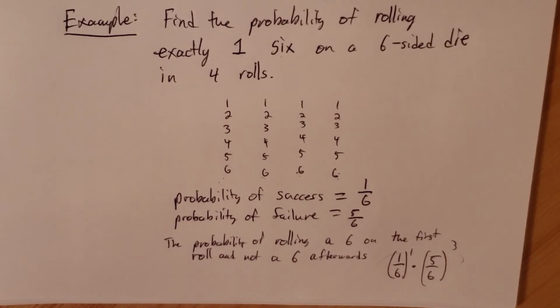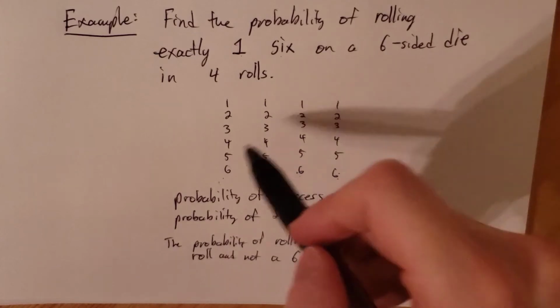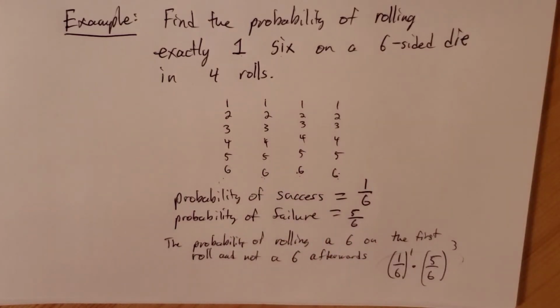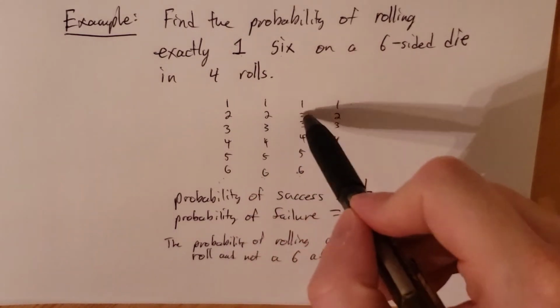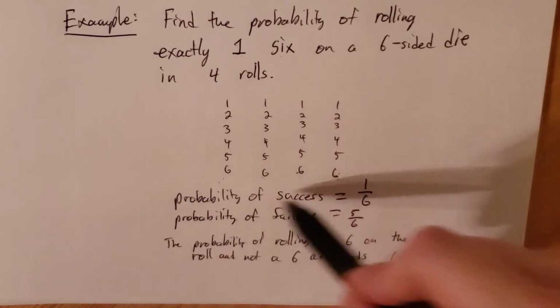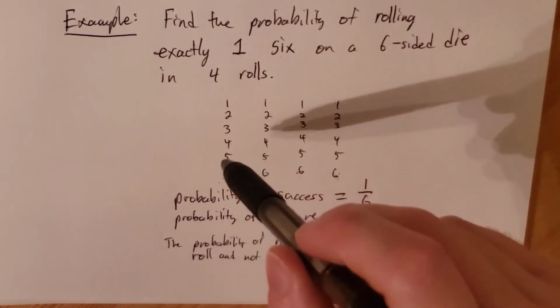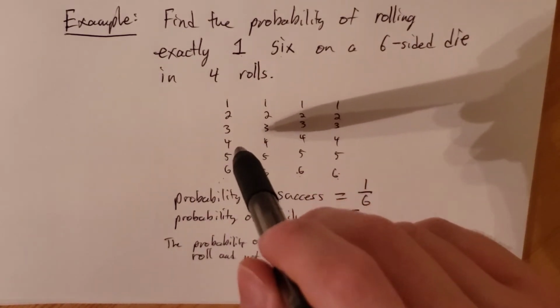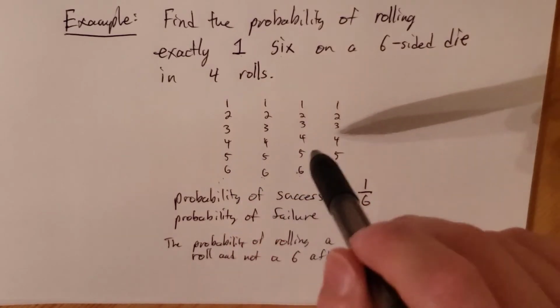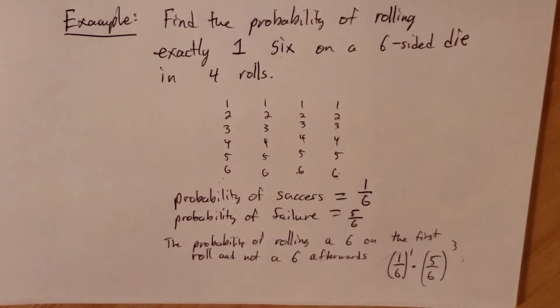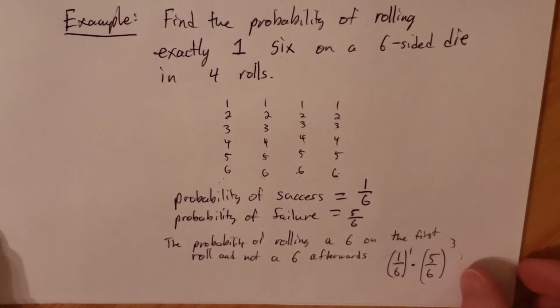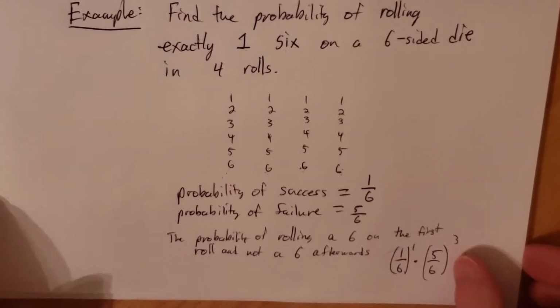Well, if we recall from our counting rules section, this is essentially how many ways can we choose one of those 4? So out of these 4 options, how many ways can we choose the 6 showing up in one spot? i.e., we use the choose function.